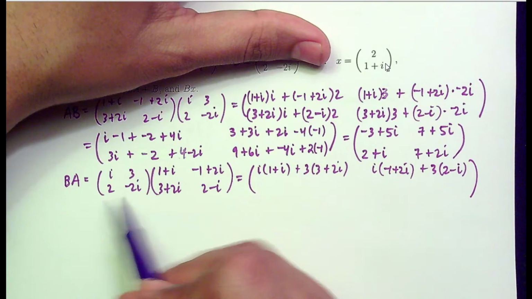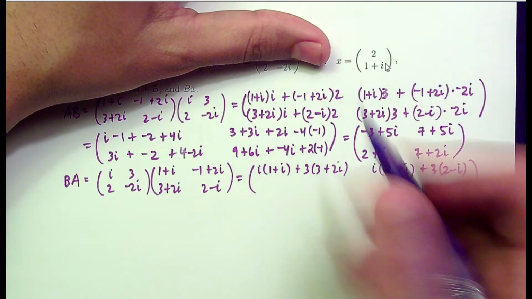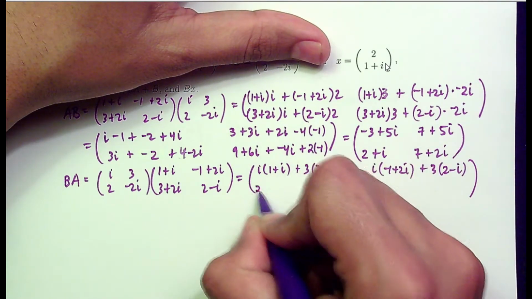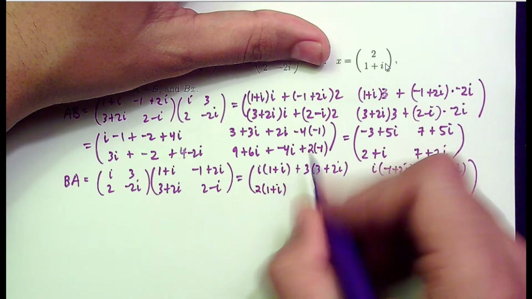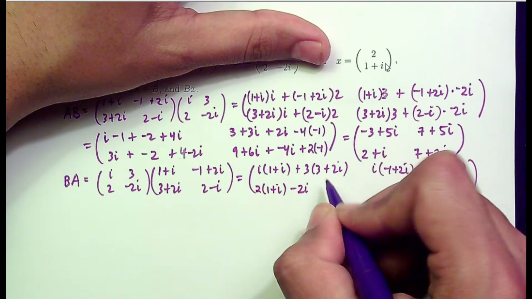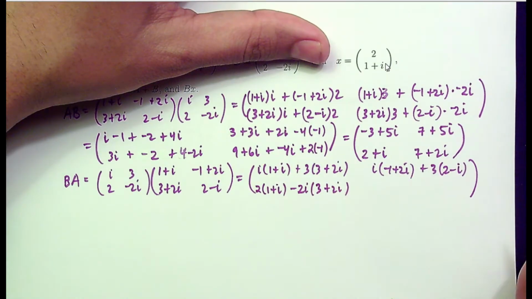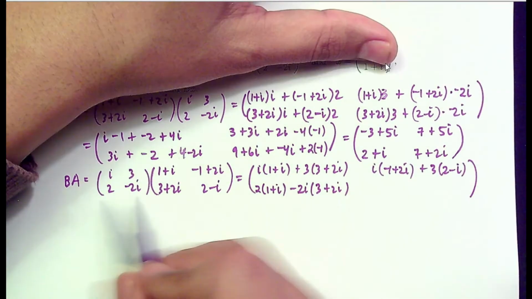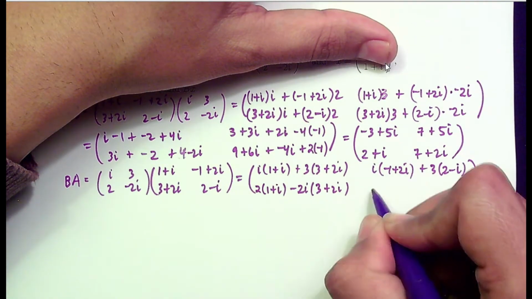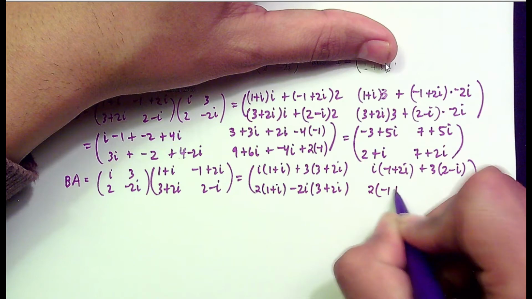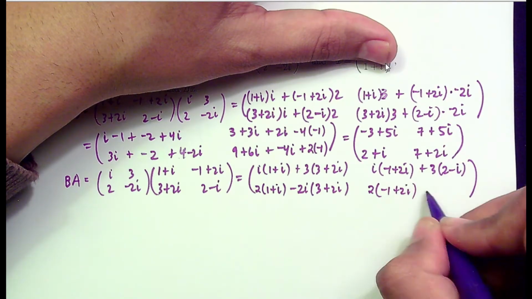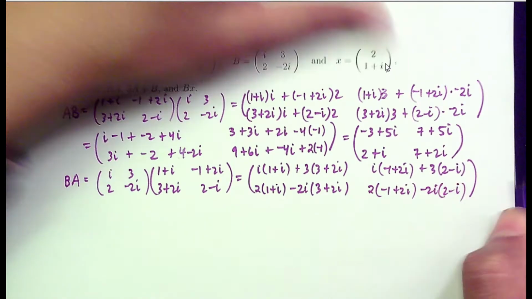Then second row with first column, 2 times 1 plus i, negative 2i times 3 plus 2i. And then second row, second column, 2 times negative 1 plus 2i, minus 2i times 2 minus i.